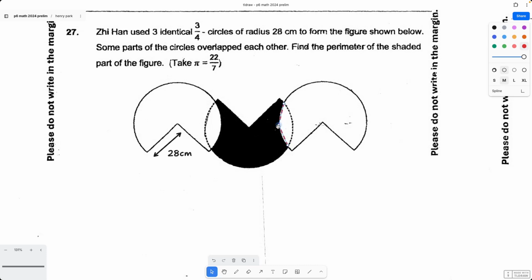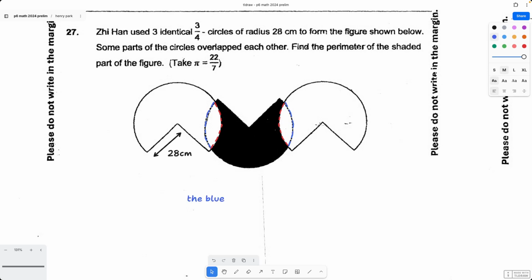Let's see if I can draw something like this. It's the same as this dotted line as well. This is also the same. I should put different colors so that you know that what I'm doing is roughly the same. So in this case, this yellow, blue. Yes, blue.